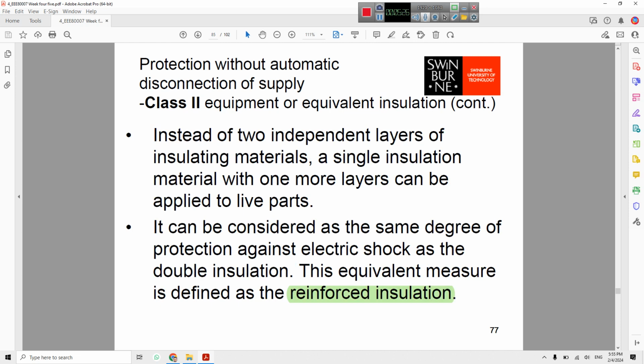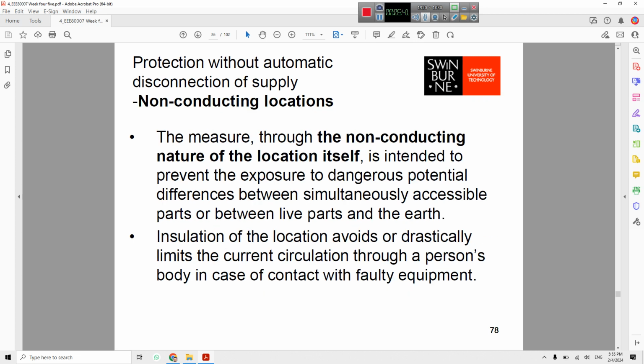Instead of two independent layers, as I mentioned, it can be considered to give the same degree of protection against electrical shock as double insulation. This equivalent measure is defined as reinforced insulation. The measure through the non-conducting nature of the location itself is intended to prevent exposure to a dangerous potential difference between simultaneously accessible parts or between live parts and the earth.